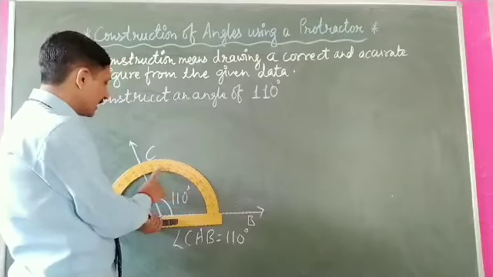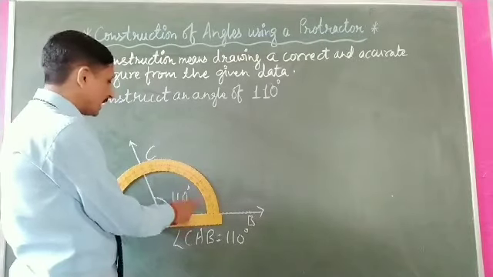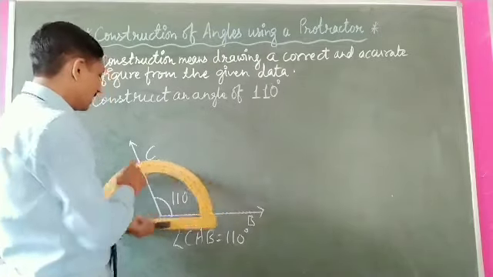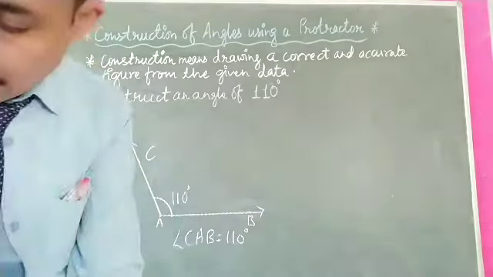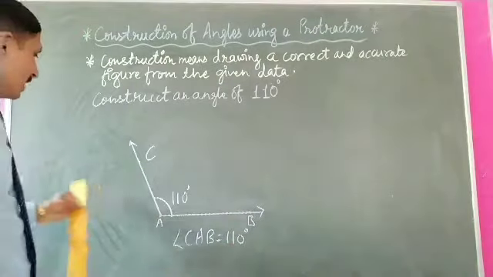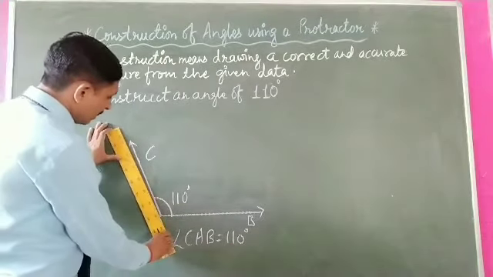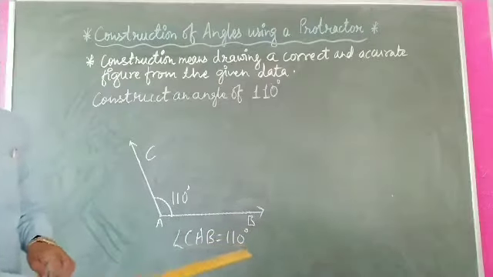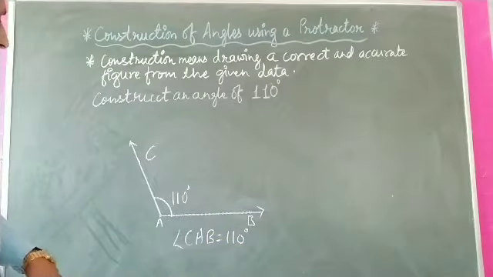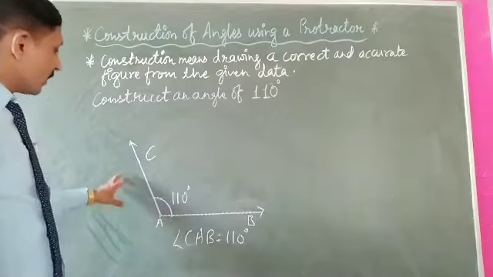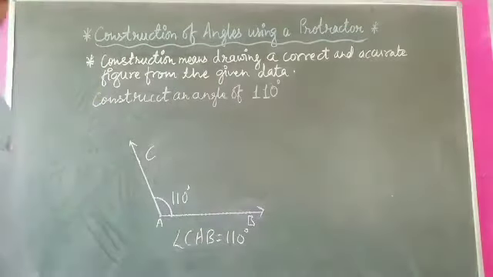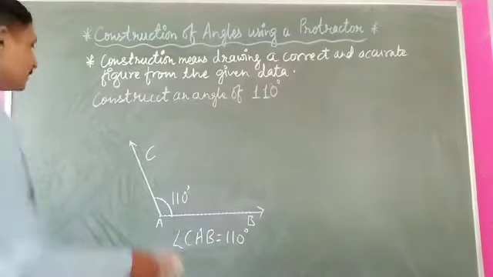This is our inner scale. Put a point, mark C. Then remove the protractor and use a ruler to join the vertex A with the point C. So in this way our angle becomes 110 degrees, and angle CAB equals 110 degrees.